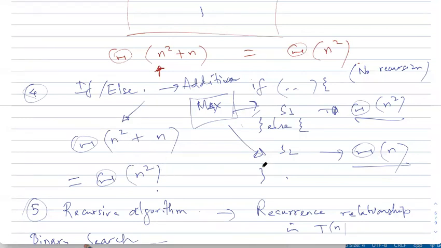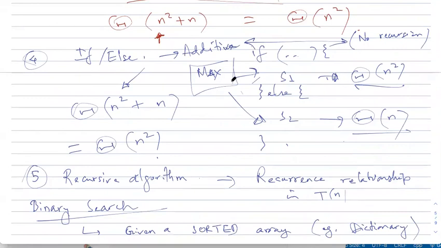So it does not matter. But in a recurrence relationship, it matters. And therefore you should be taking max. You cannot make it additive. So the additive makes sense when there is no recursion. Otherwise, go for max. Or if you want to generalize it, I would say just go for max all the time.